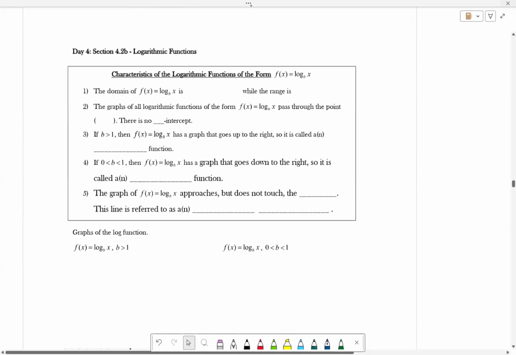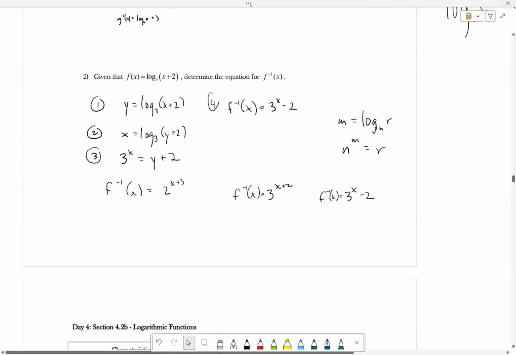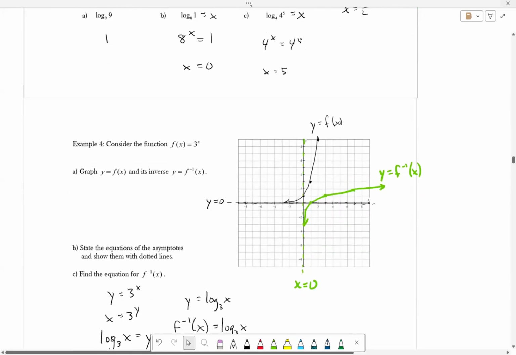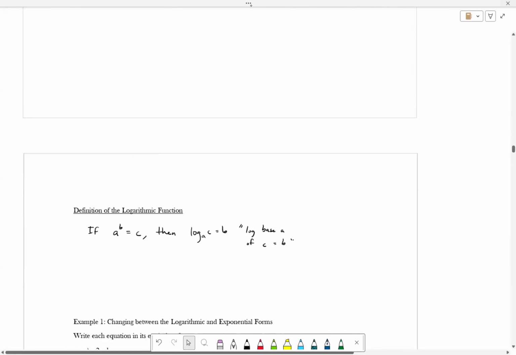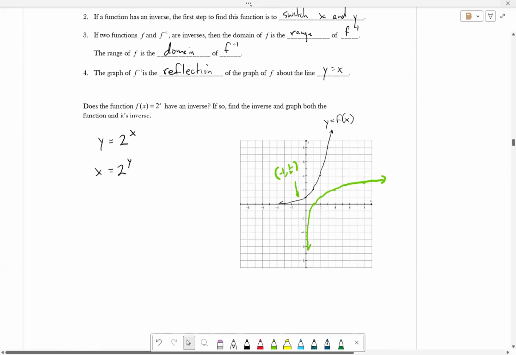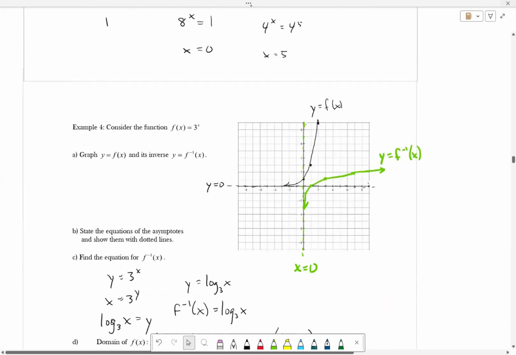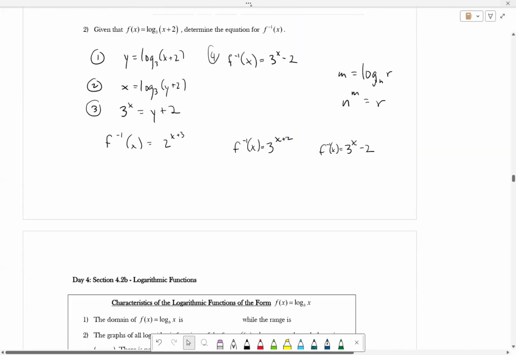Okay, day 4. The domain of log base b of x. I think we have a graph here. The domain of that green one, you see what it is? From 0 to infinity.